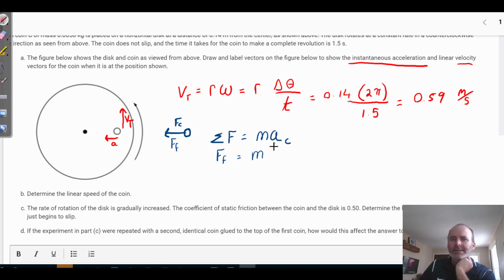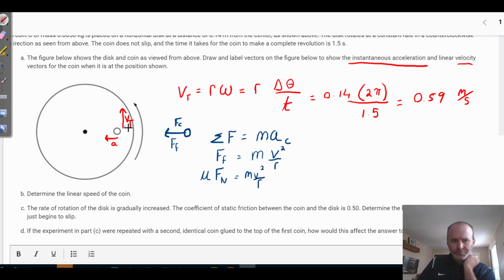We need to relate this to my velocity, because ultimately I'm solving for this velocity here. The equation for centripetal acceleration is v squared over r. So the frictional force equation is my coefficient times my normal force equal to mv squared over r.